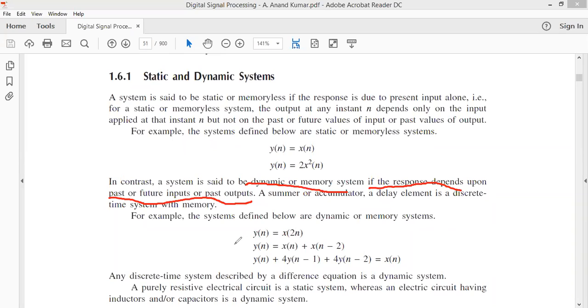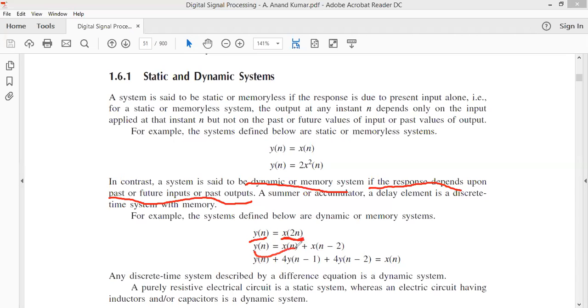For n is equal to 1, the present output y of 1 depends upon the future input value, x of 2. So the present output depends upon the future input value. That is why this system is called a memory system, because it has to store the future input value.